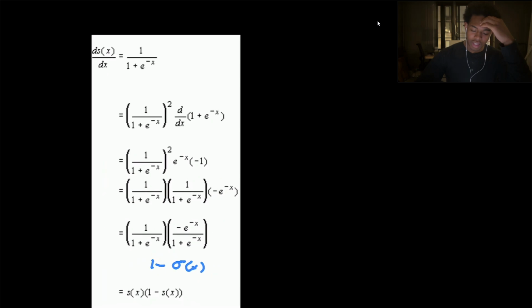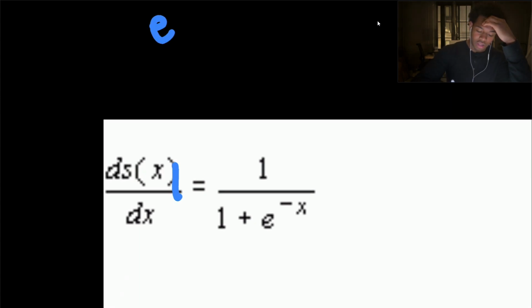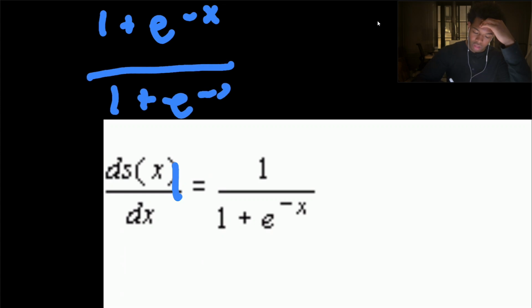Dude, that's algebra that I'm not sure I could do. 1 minus this, e to the minus x, is 1 plus e to the minus x over 1 plus e to the minus x. Oh. What is it? It's minus. So it's minus 1. Okay. But then it would be a plus.